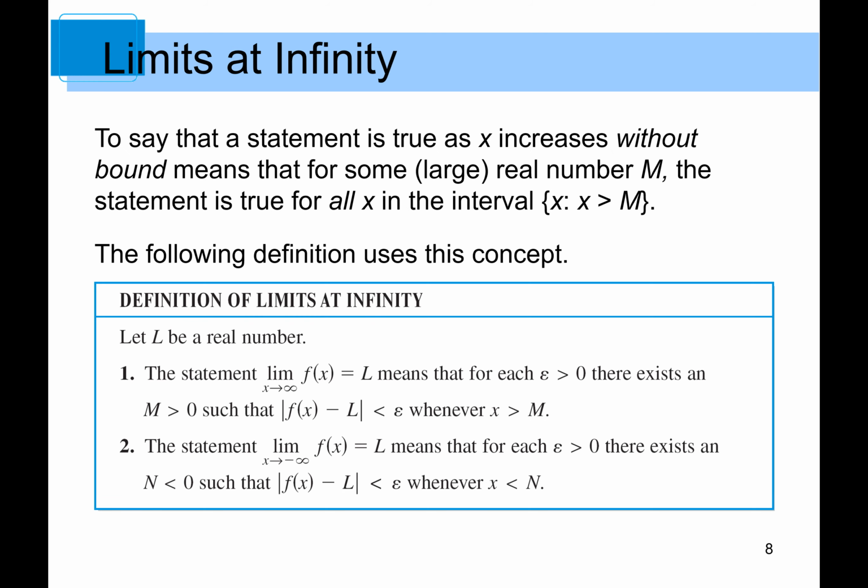To say that the statement is true as x increases without bound means that for some real number m, the statement is true for all x in the interval. Okay, the following definition uses this concept.